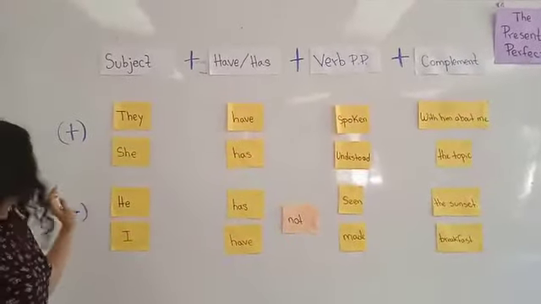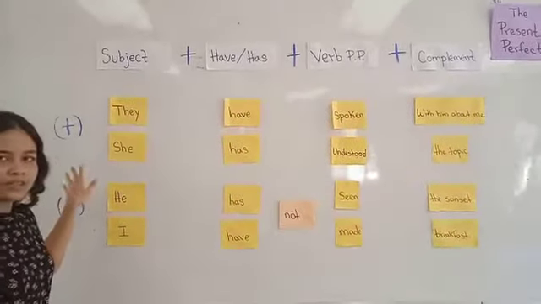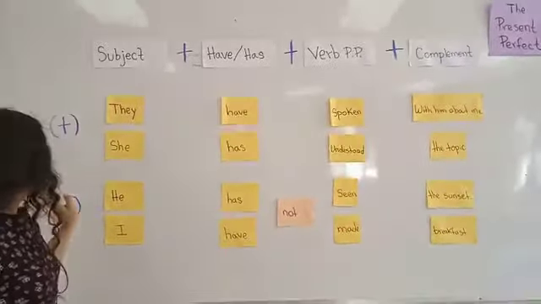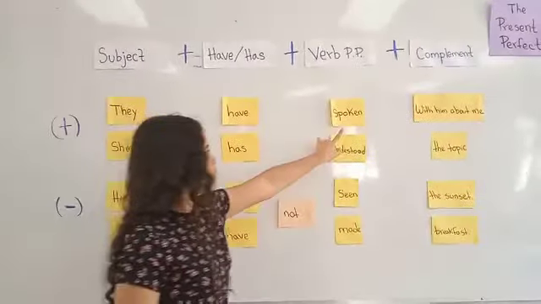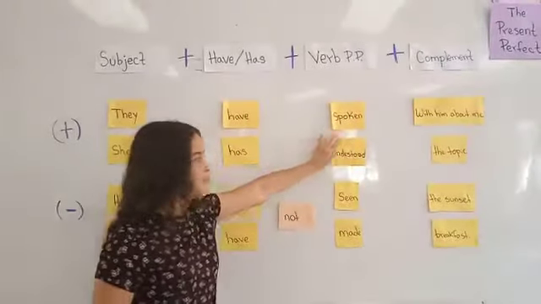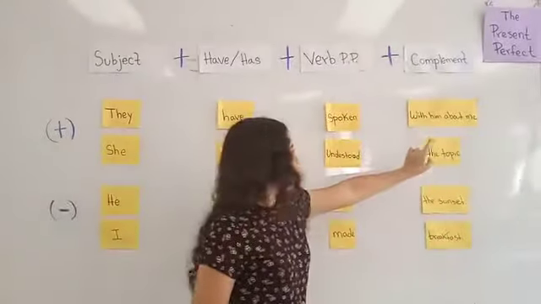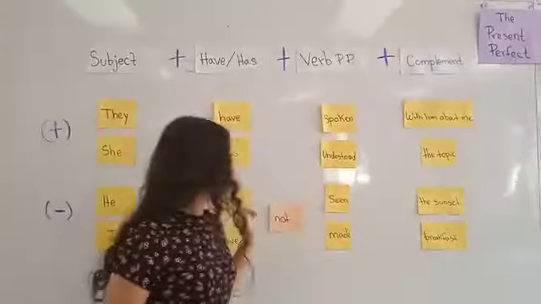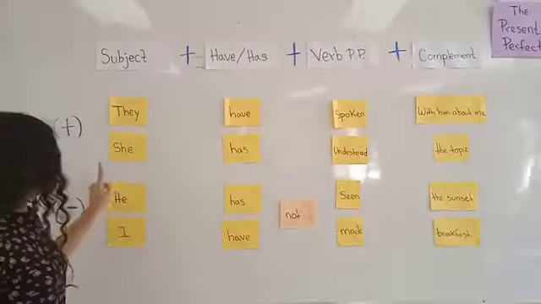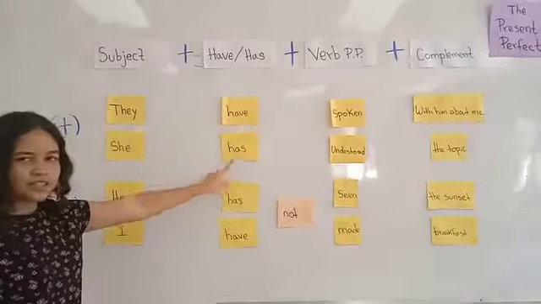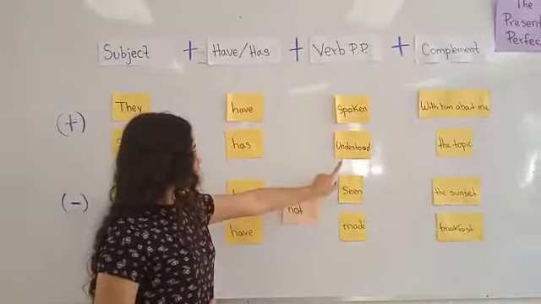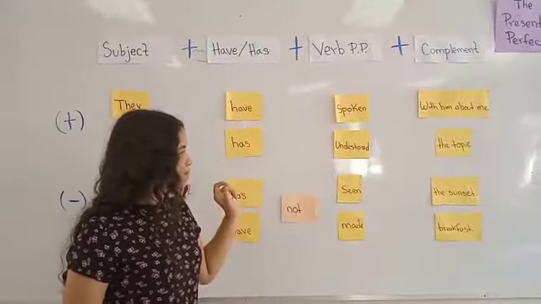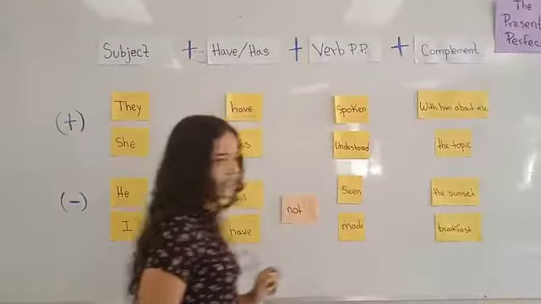For affirmative statements, there are two examples. The first is: they have spoken with him about me. The other example is: she has understood the topic, with has because she is in third person singular.